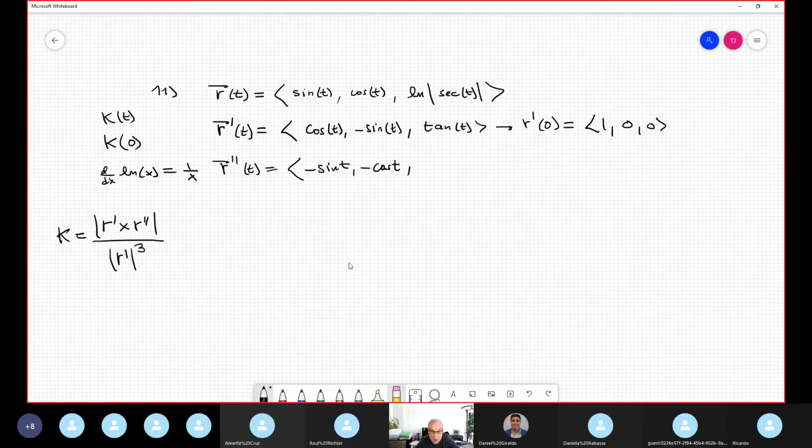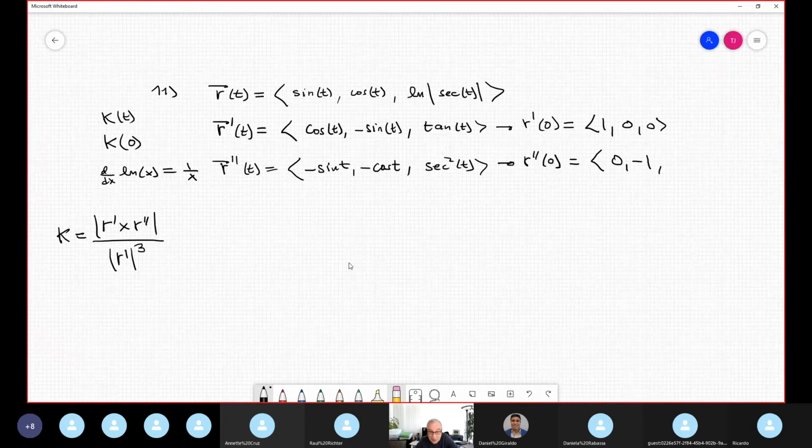And derivative of tangent is secant squared t. Now you evaluate r double prime at 0. Sine 0 is 0. Cosine 0 is 1, but it's negative 1. And secant is the reciprocal of cosine. Cosine 0 is 1. Reciprocal of 1 is 1. Squared is 1, plus 2.